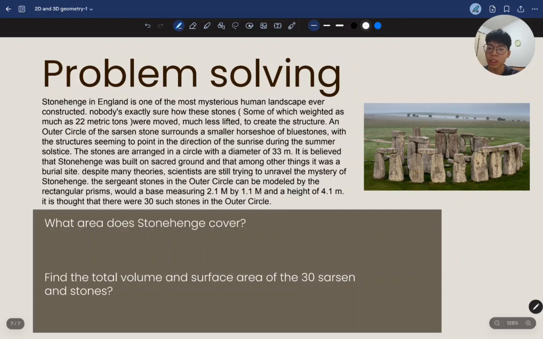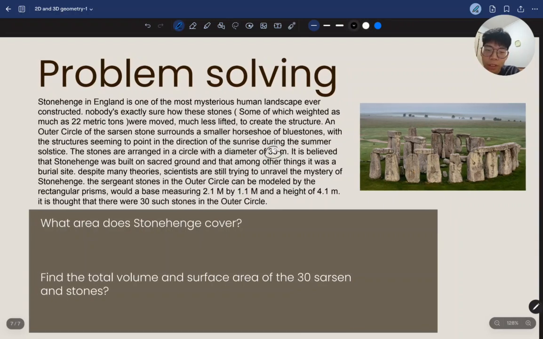The stones are arranged in a circle with a diameter of 33 meters. There's a clue: 33 meters. Important. A diameter of 33 meters. It is believed that Stonehenge was built on a sacred ground, that among other things, it was a burial site. Despite many theories, scientists are still trying to unravel the mystery of Stonehenge.